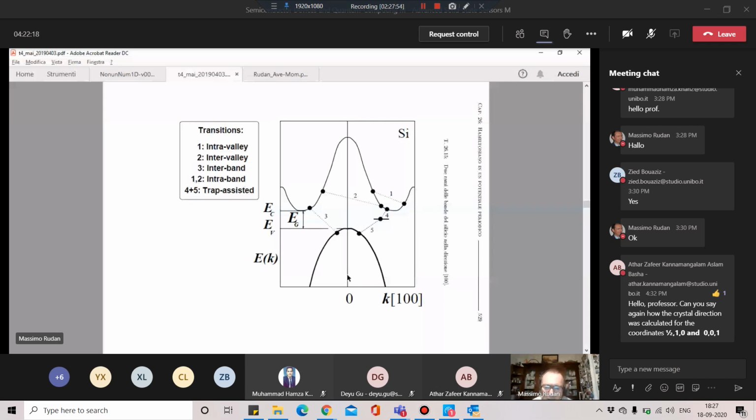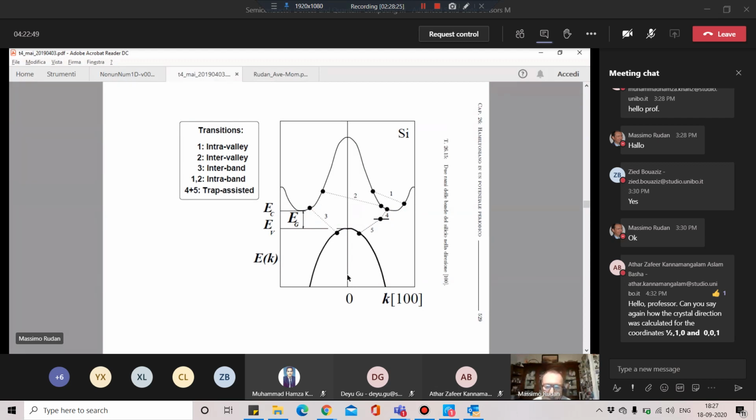So in conclusion, the quantum mechanical treatment of the relation between energy and momentum provides an alternation of bands that are also called allowed bands because electrons can have energies in the bands, an alternation with forbidden bands.